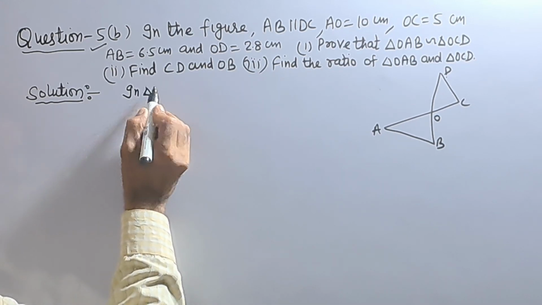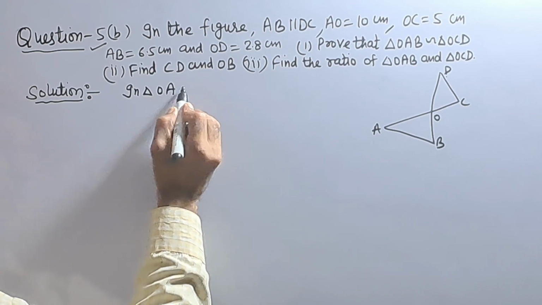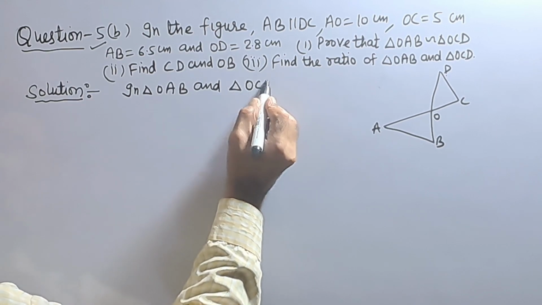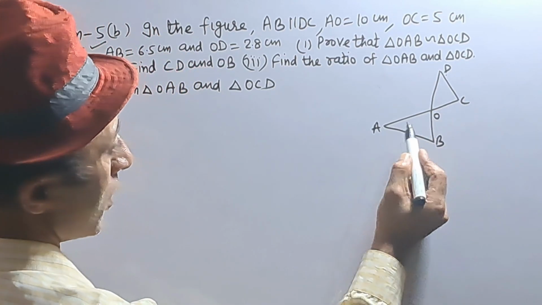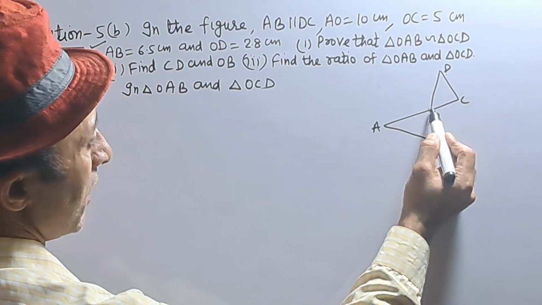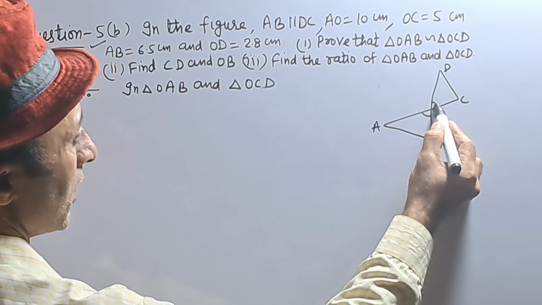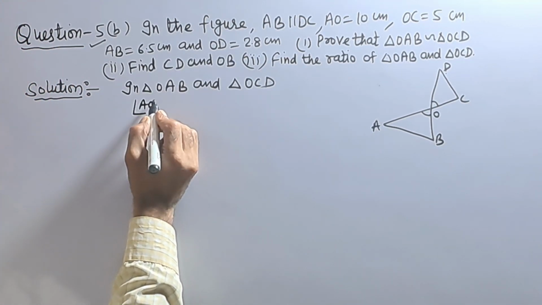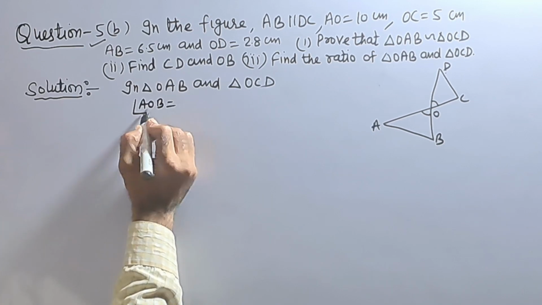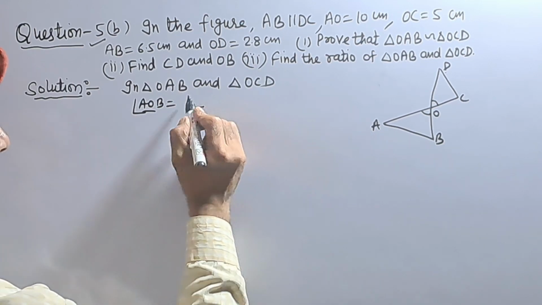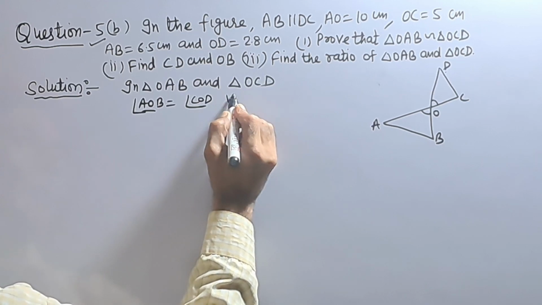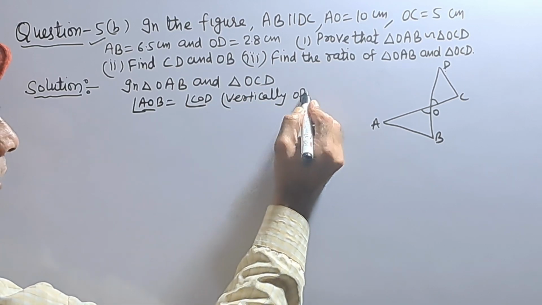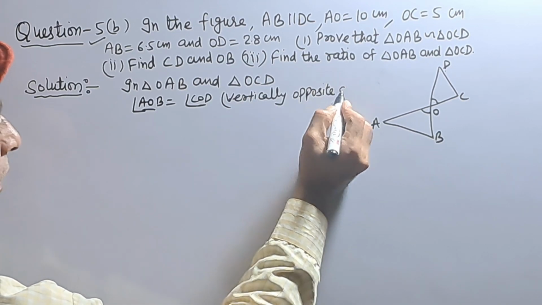Solution. In triangle OAB and triangle OCD, angle AOB is equal to angle COD, vertically opposite angle.